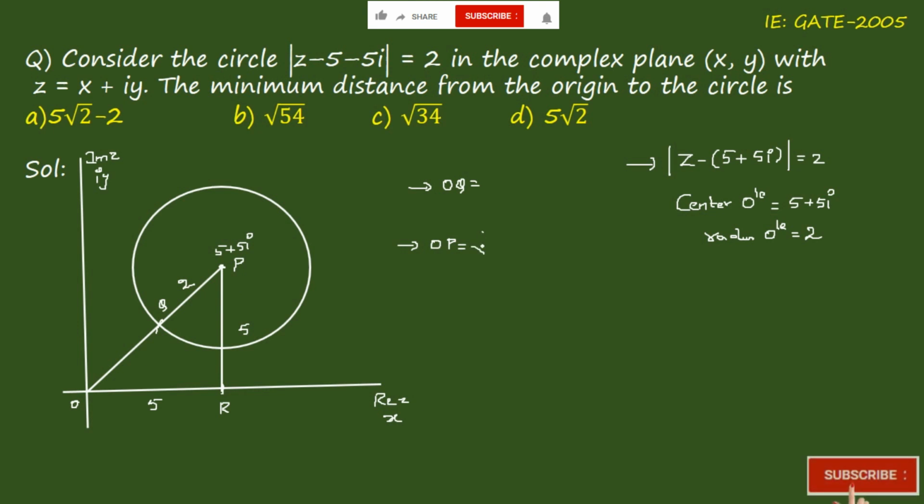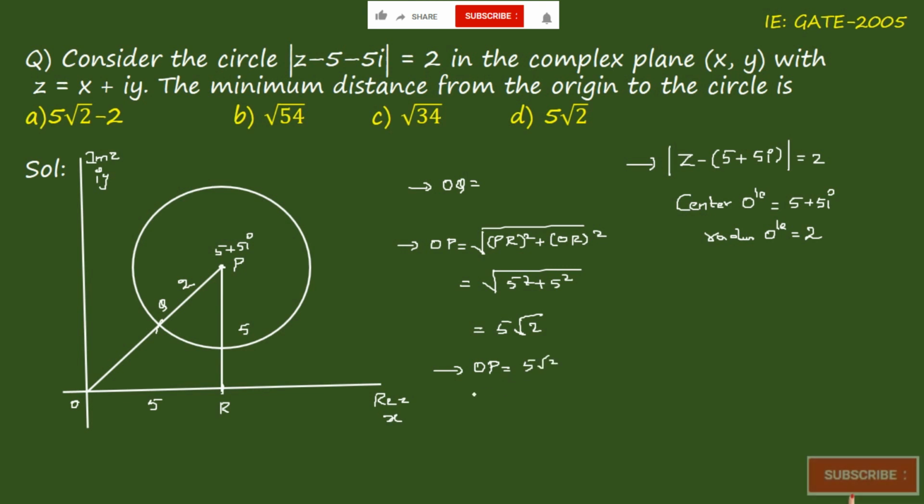So OP is equal to nothing but under root of PR square plus OR square, which is equal to under root of 5 square plus 5 square, which is equal to 5 root 2. So the total distance we got, OP, is equal to nothing but 5 root 2, right?